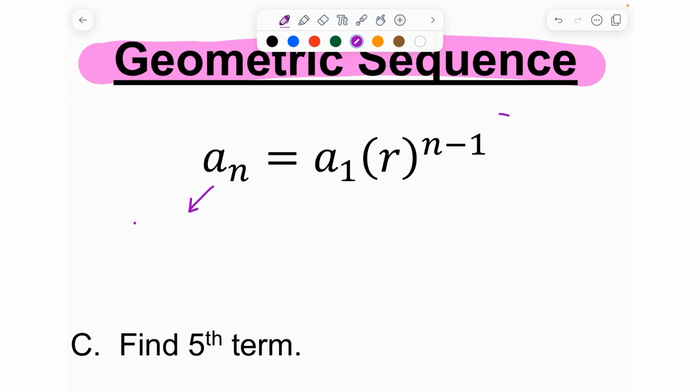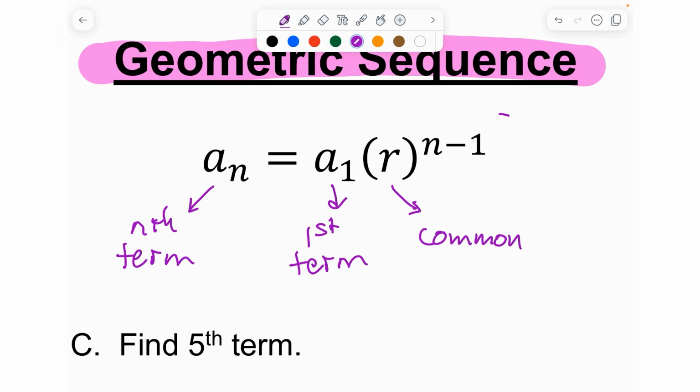Good news, it has a lot of the same labels. A sub n will still be the nth term, whether we want to find the 5th term or the 20th term. A sub 1 is the first term. Here's your common ratio, probably the most important part here. R is your common ratio. And well, maybe I'll take that back.